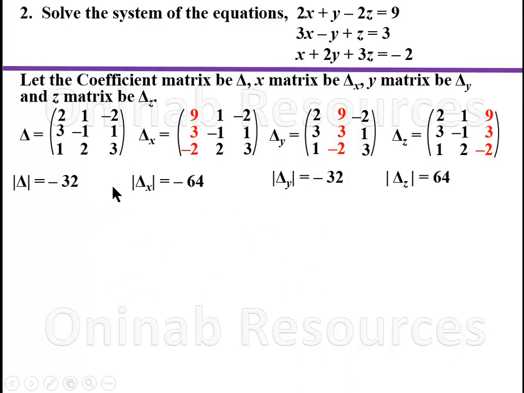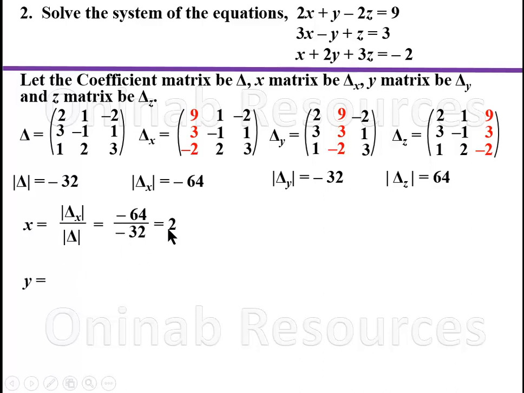So we now go ahead to find the values of x, y, and z. The value of x here is the determinant of delta x, that is the determinant of the x matrix, divided by the determinant of delta, which is negative 64 divided by negative 32. That gives 2.